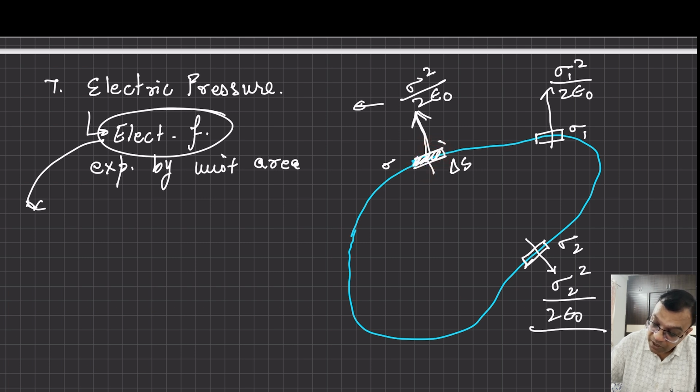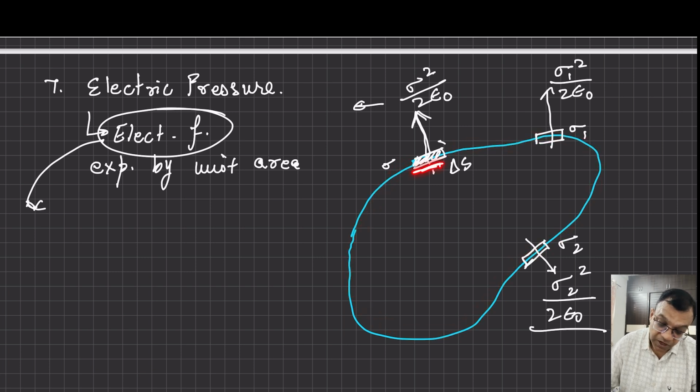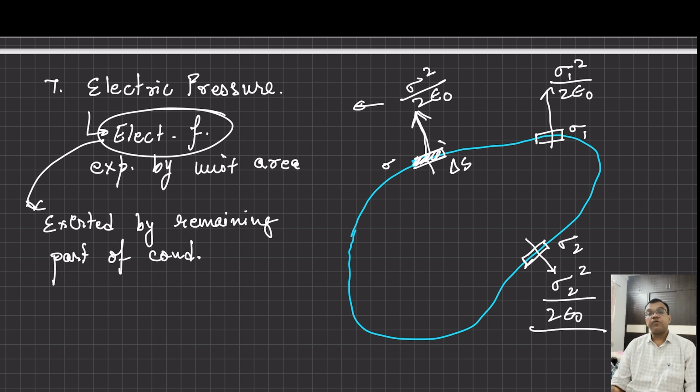The remaining part of the conductor will exert the electric force here. So the electric force is exerted by the remaining part of the conductor. So sigma square upon 2 epsilon naught is the electric pressure.